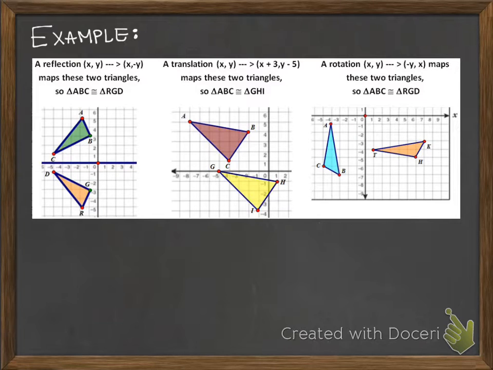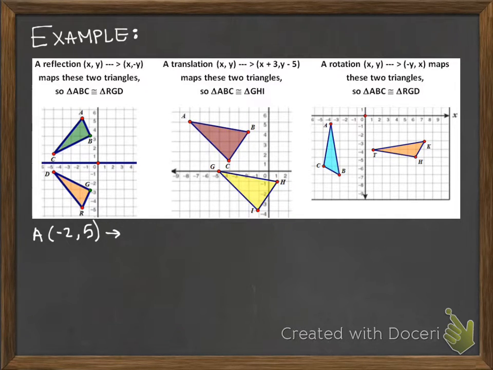For the first example, we have a reflection. Now, there is a rule for this reflection that tells what happens to the ordered pairs. If we look at each vertex or corner point on the triangle ABC, and then look at the resulting coordinates in the triangle RGD, we can see what happened to the ordered pair. The point A was at -2, 5.